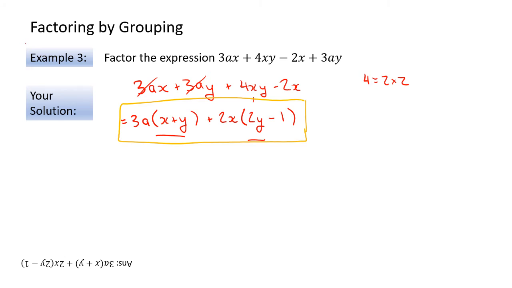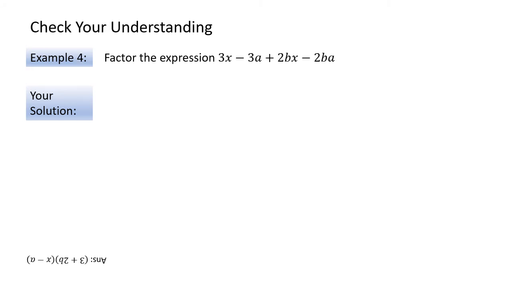Okay, so our second example is factor the expression 3x minus 3a plus 2bx minus 2ba. So I see two terms here. This one has a 3 behind both, and this one I see has a 2b.